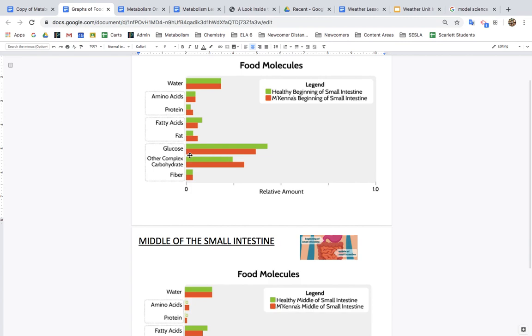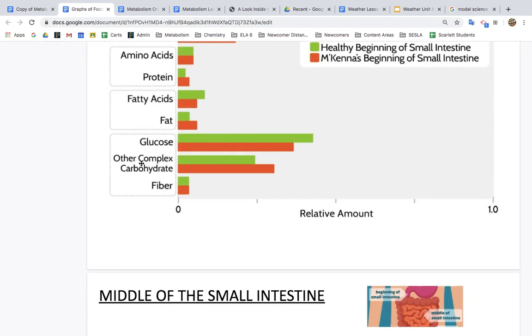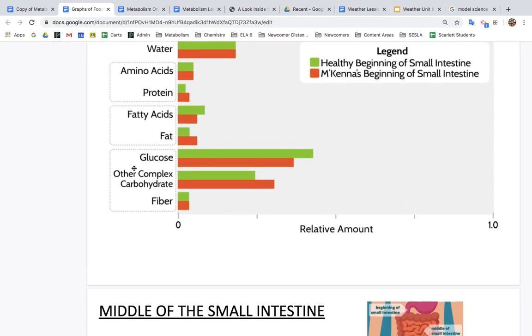I'm looking at glucose and complex carbohydrates, and I'm noticing that this looks pretty different for McKenna. I'm going to choose to write about complex carbohydrates. So I'm noticing that McKenna's small intestine has more complex carbohydrates than a healthy small intestine at the beginning.